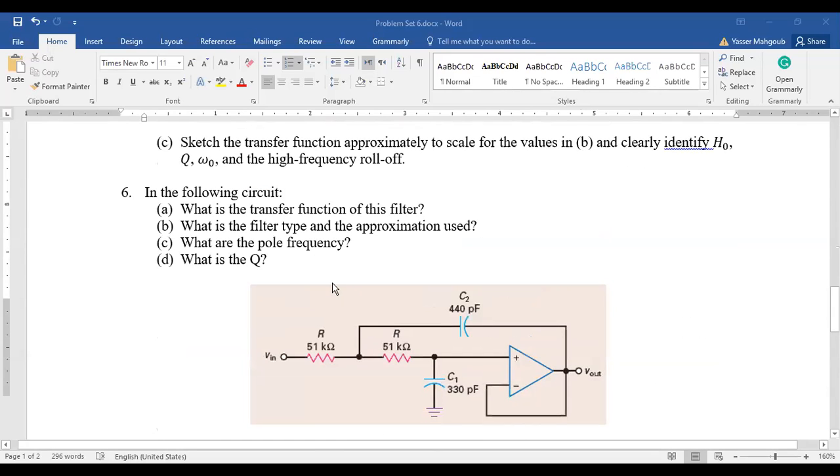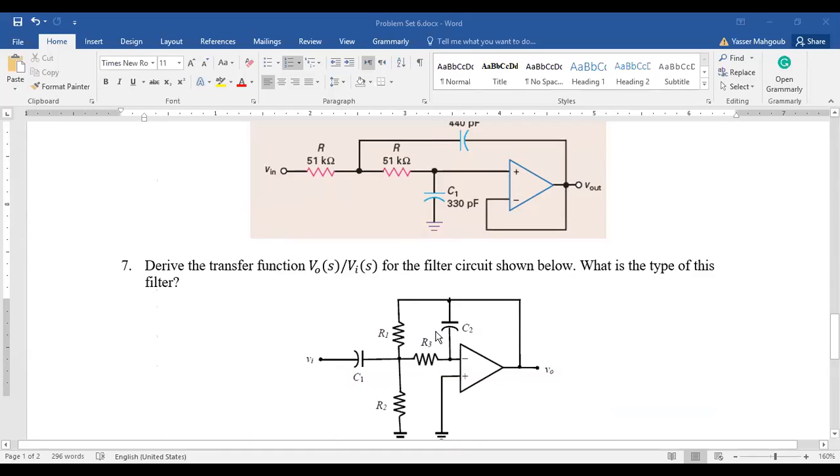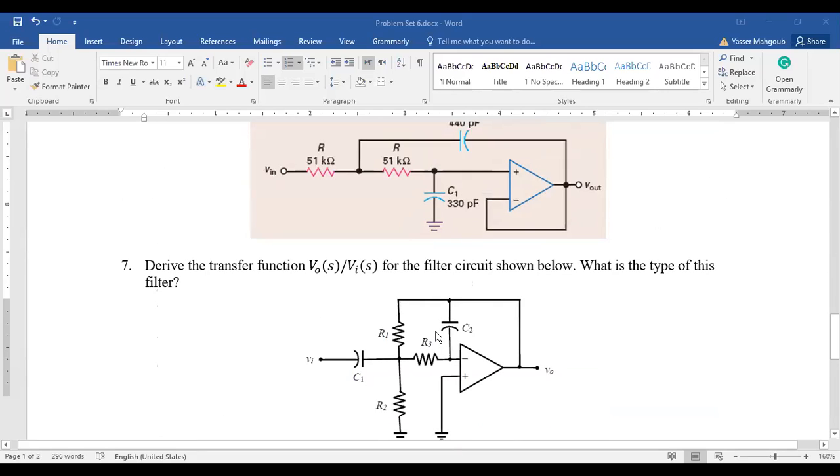Just do the transfer function again and find all these values: what kind of approximation is this, what's the corner frequency or the pole frequency of this circuit, and how much is the Q value. By knowing how to solve these ones, you can easily solve the last two. Do you have any questions?